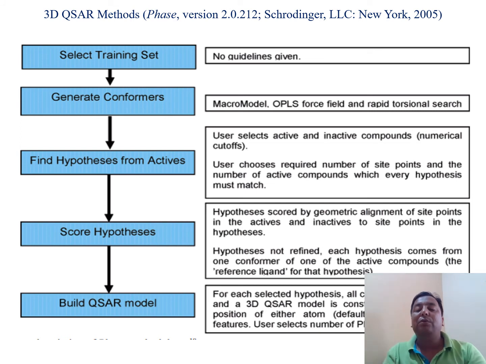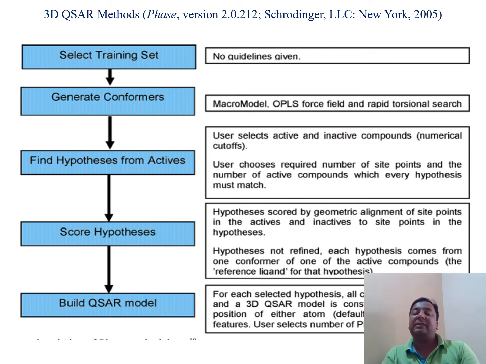There is no rule as such for dividing compounds into active and inactive. Either you can divide 60-40%, 45-55%, and in the worst cases 70-30%, even 50-50%.